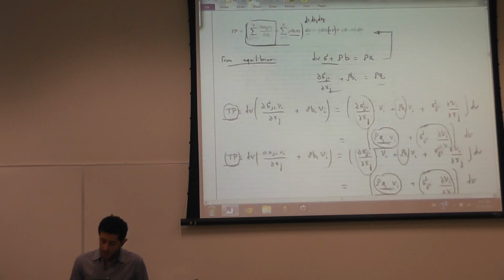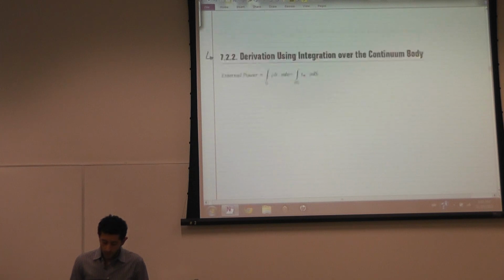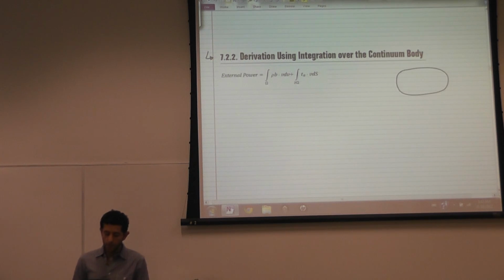Now I'm going to do the same thing, but instead of working on that cube, I'm going to work on the whole object. I'm going to find the external power acting on the object and divide that external power into two forms. One form I'm going to show is the kinetic energy, and the other form I'm going to call the internal energy that's stored inside the object as it deforms.